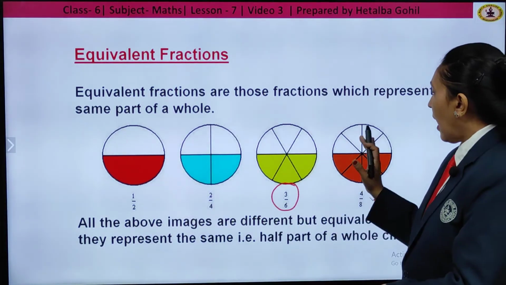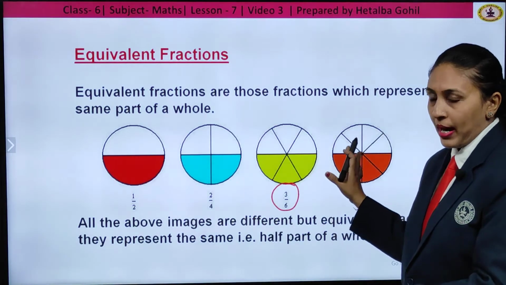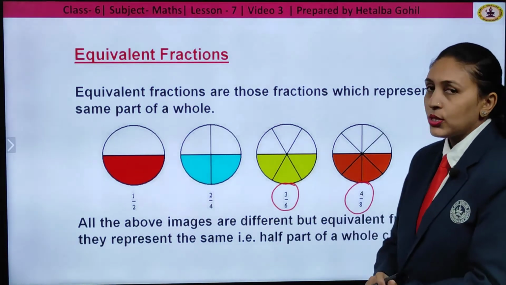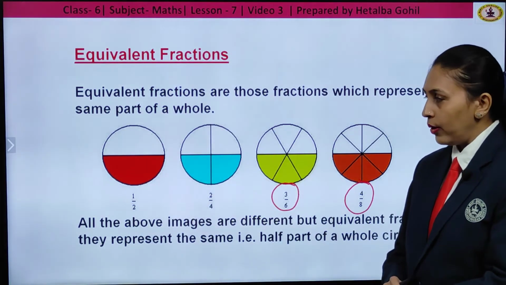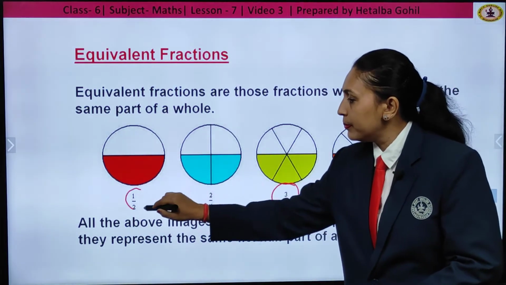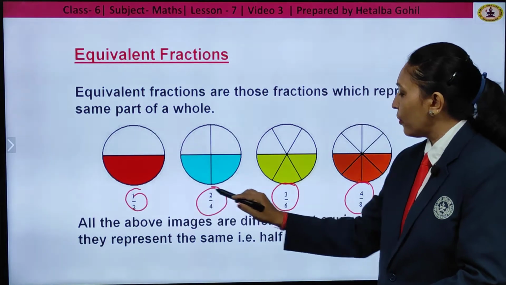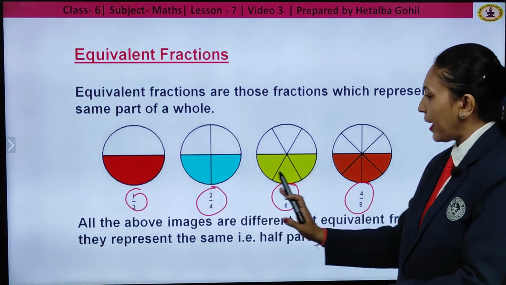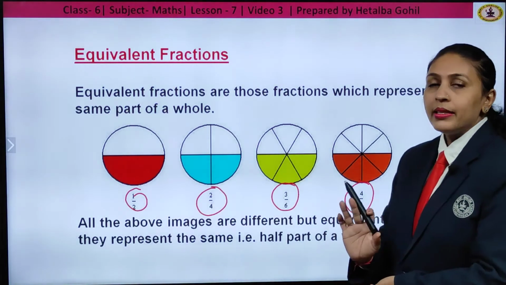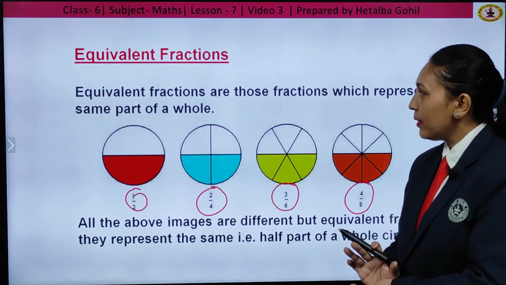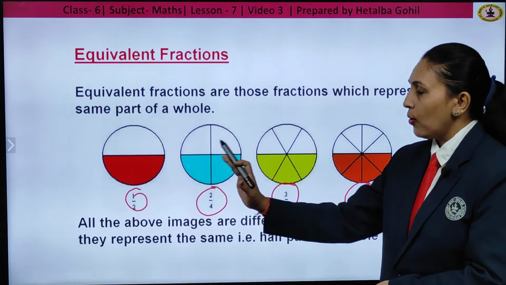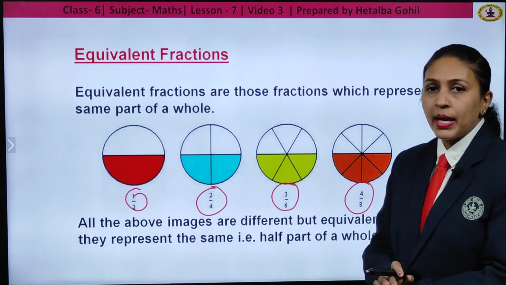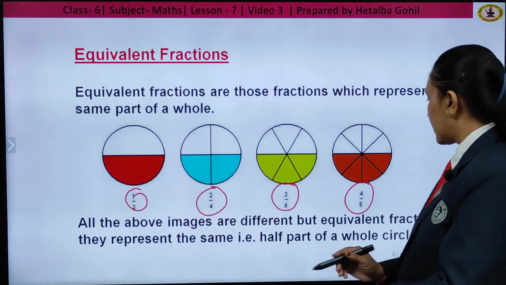That means out of the total whole of 8 parts, 4 are shaded, so 4 by 8 is also half of the whole. Here we have 1 by 2, 2 by 4, 3 by 6 and 4 by 8. You can see the fractions are different, but they represent the same fraction, that is half of the whole. Such fractions, children, we call equivalent fractions.